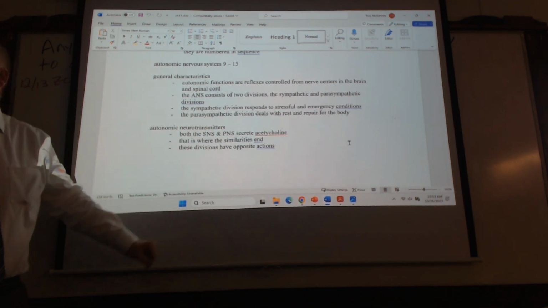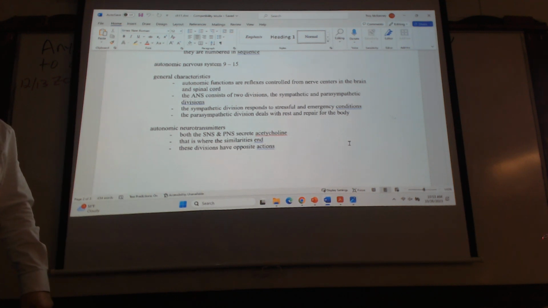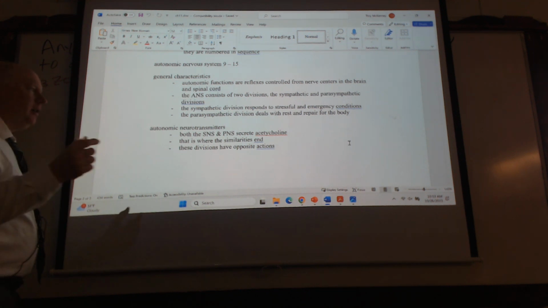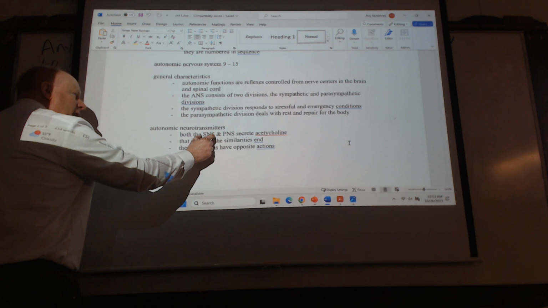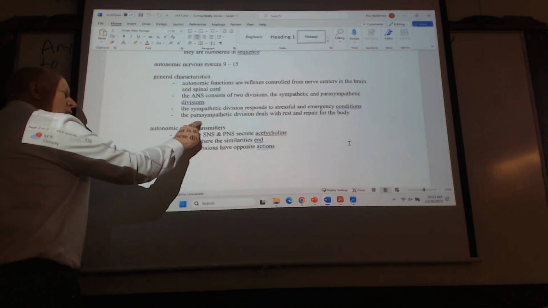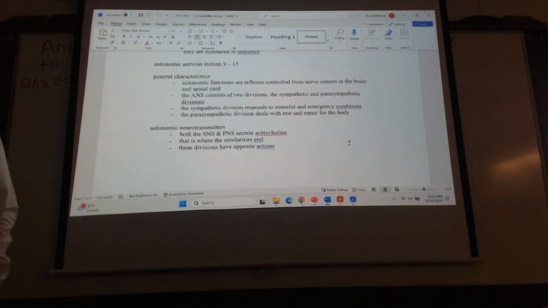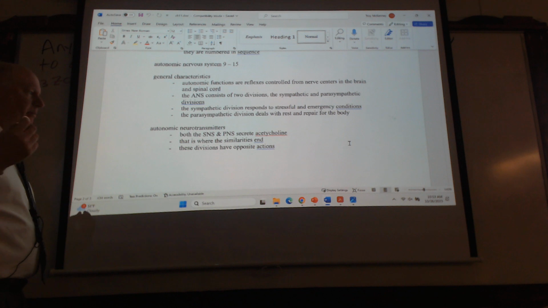Well, if this is sympathetic and this is parasympathetic, look at what it's under. The autonomic side. That's how you know that it's not the peripheral nervous system.